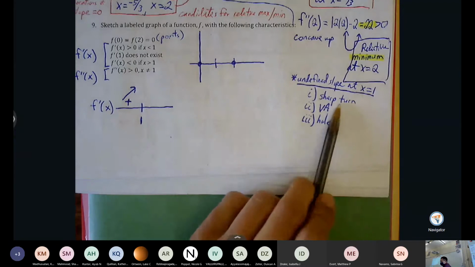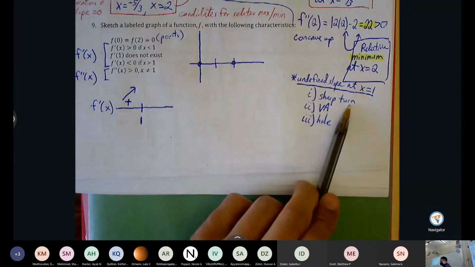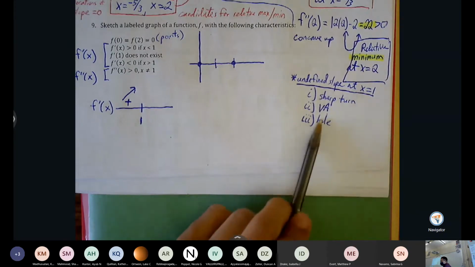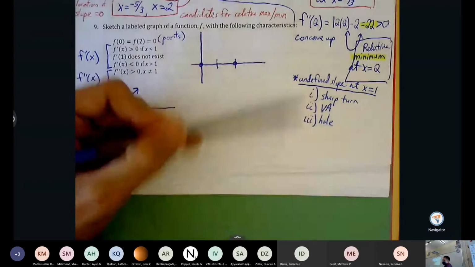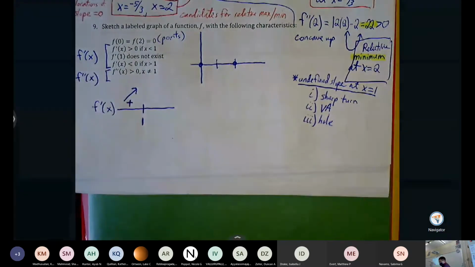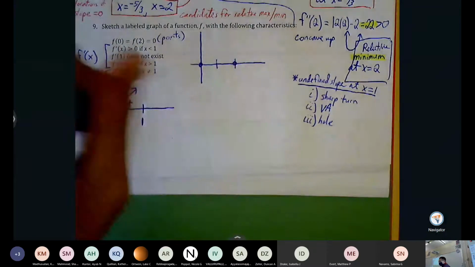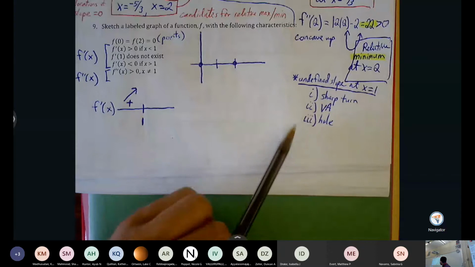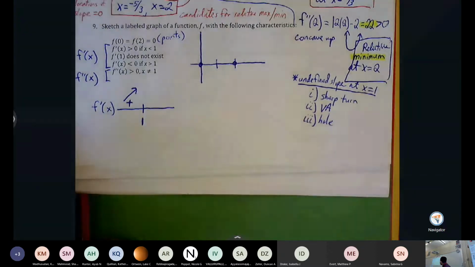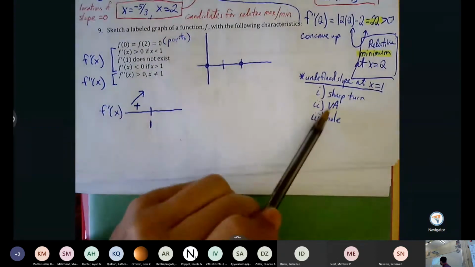With the sharp turn, the point exists and is continuous, but not differentiable. Here, it's not even continuous, so there's no chance of it being differentiable. I want to give these options to you, but if this was on the quiz, you can decide which one you want to choose. You don't have to do all three. I'll show you what the graph would look like if you're choosing different options, though. But we'll put that off to the side. We'll come back to it.